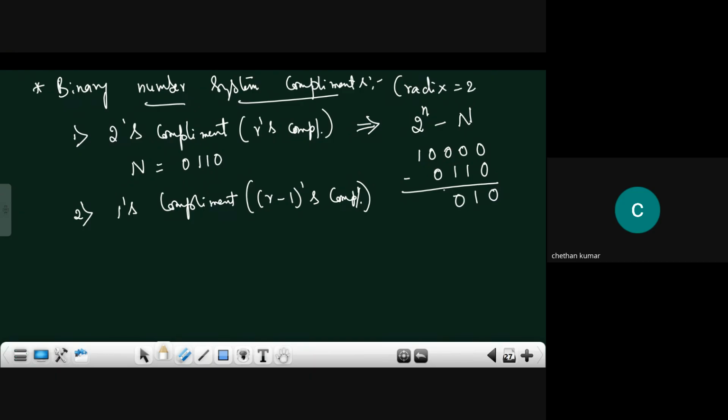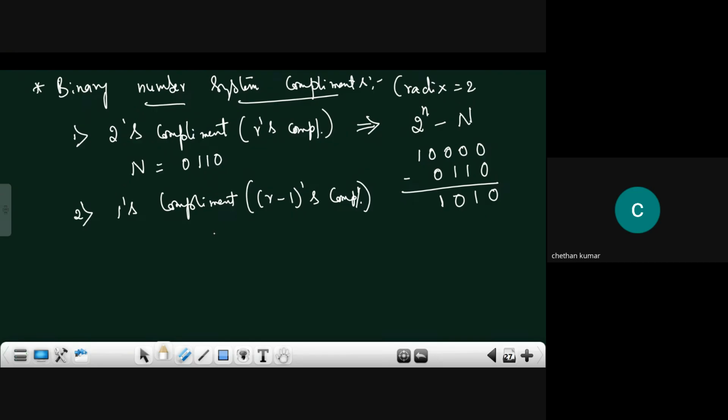The next is 1. So the result is 1, 0, 1, 0. You can see 10 plus 6 is 16. Are you understood? This is the 2's complement.